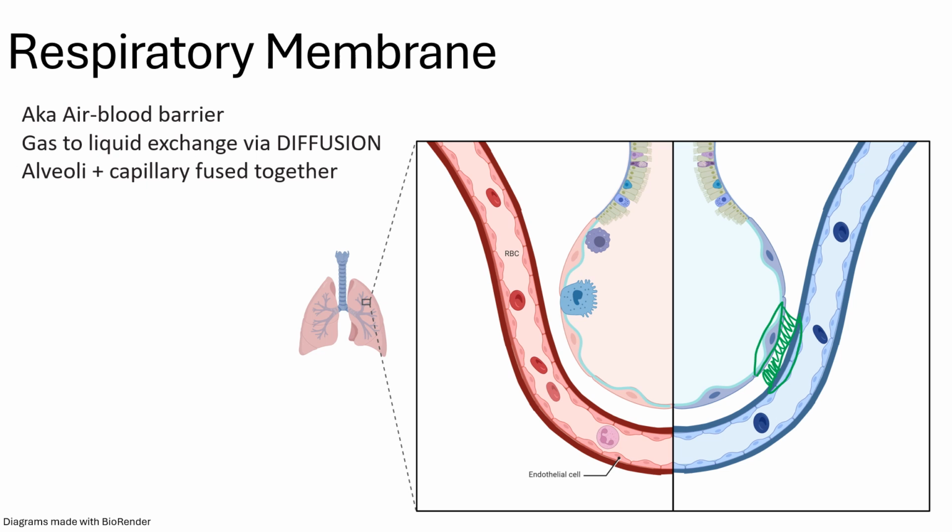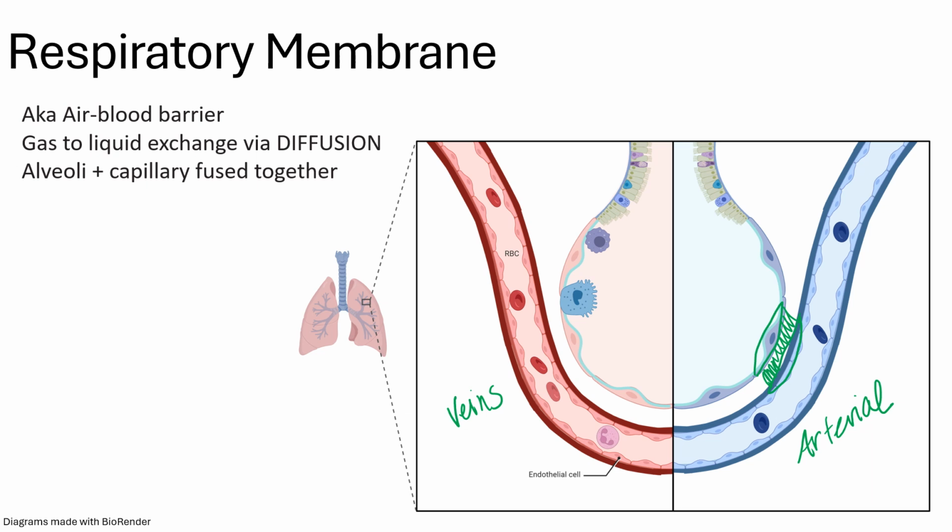On the right side of the diagram is a blue capillary. This capillary is actually the arterial side of the capillary bed. Here in the pulmonary circuit, arteries are bringing deoxygenated blood to the alveoli, and veins are carrying oxygenated blood away from the alveoli and back to the left atrium of the heart.